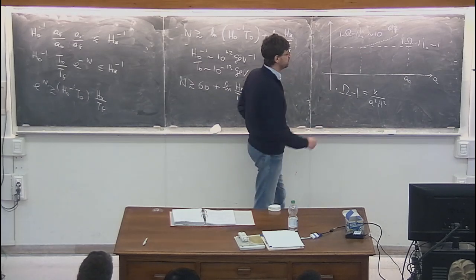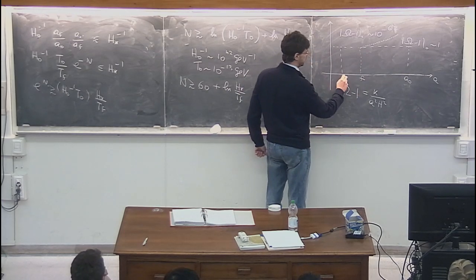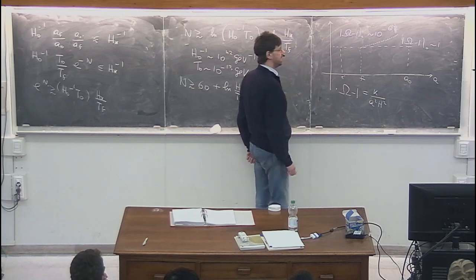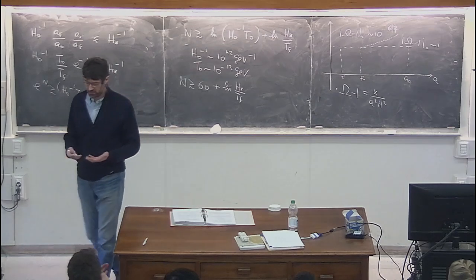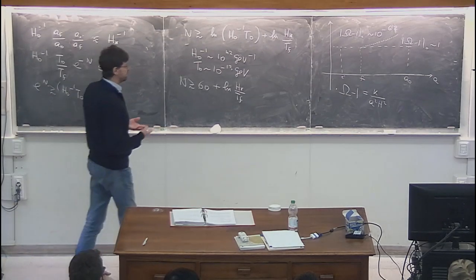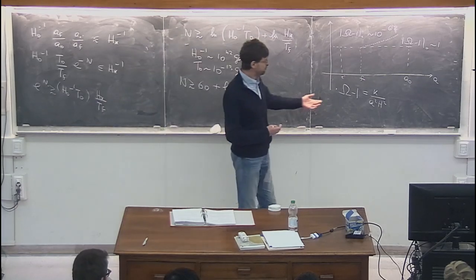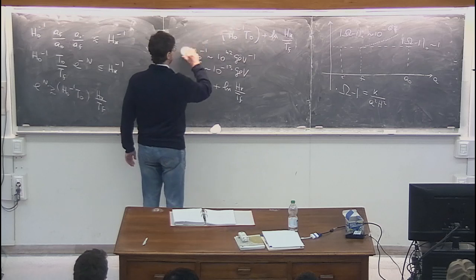But now we are supposing that there is another period. So let's say that this is the final period of inflation. This is the beginning. We are saying that there is another period which is preceding the period of radiation, where something is going on. And what is going on precisely is that we have to look at this relation again and see how it behaves.